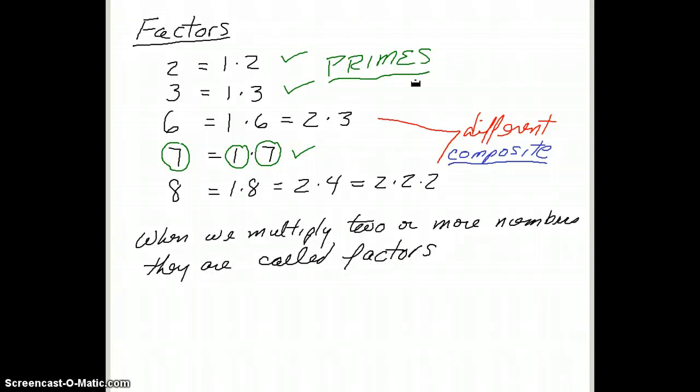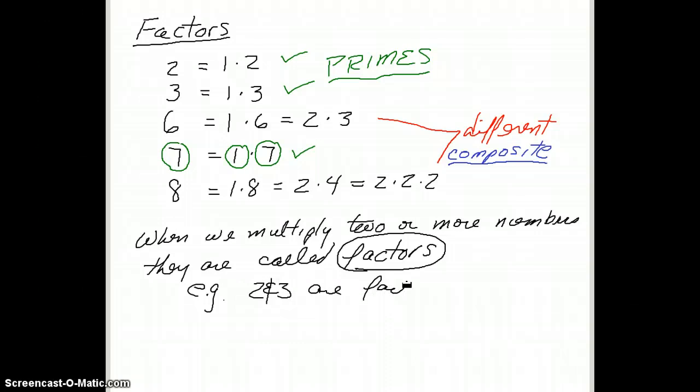So here's that word, factors. Probably best in an example, 2 and my little and symbol, 2 and 3 are factors of 6.